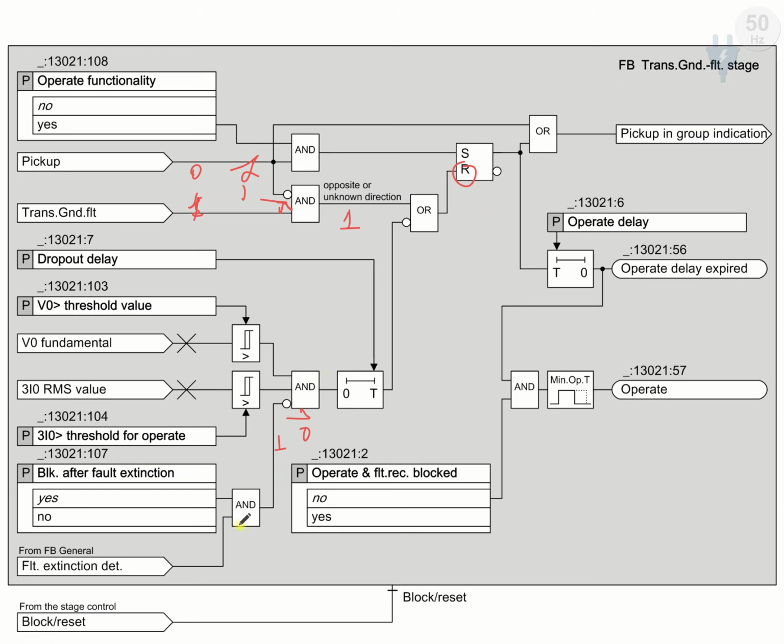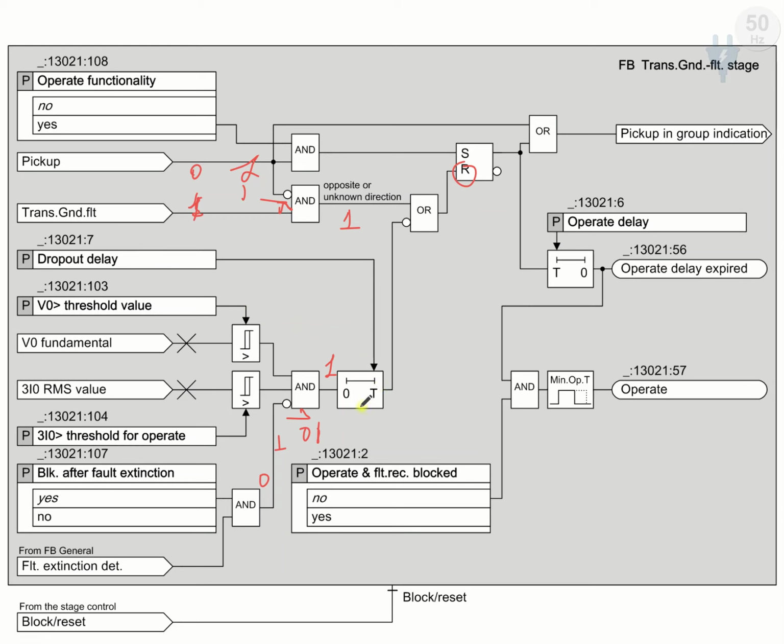But whenever the fault is not extinguished and the fault is still there, the output of this signal is 0, and the inverted part is now 1. This 1, and also the fundamental component and 3I0 RMS are 1 and 1 and 1. All 3 inputs are 1, so the output is 1. Now the output is 1 after the dropout delay.